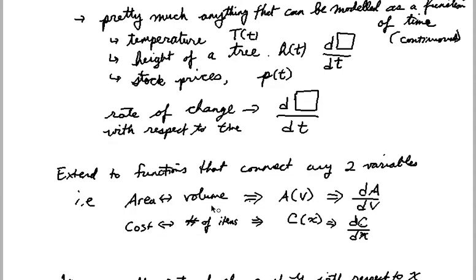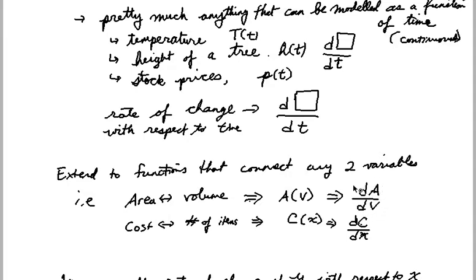Area and volume. If I can write area as a function of volume, or volume as a function of area, then I can differentiate that with respect to the independent variable. If I have A as a function of V, then I could say the rate at which the area is changing with respect to the volume. As I change the volume, how fast is the area changing?